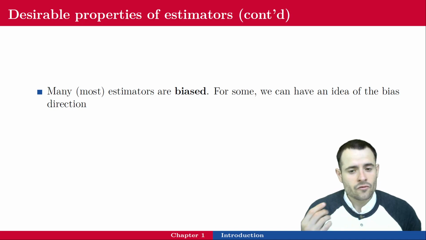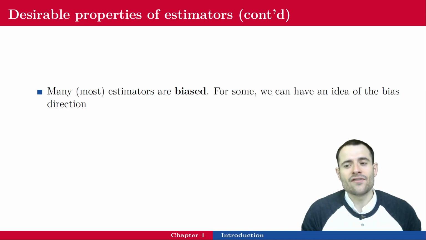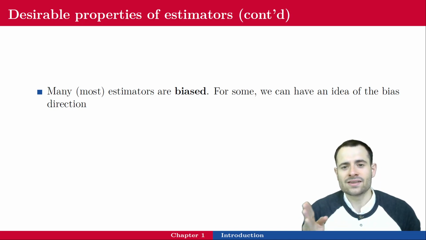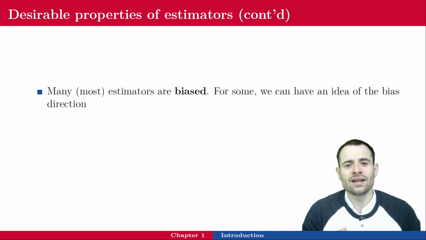In fact, for some estimators, we can have an idea of where the bias is going. So we can have an idea whether we are overestimating a quantity or underestimating a quantity. So we can have an idea of whether our estimate is probably too high compared to the true value, or probably too low.